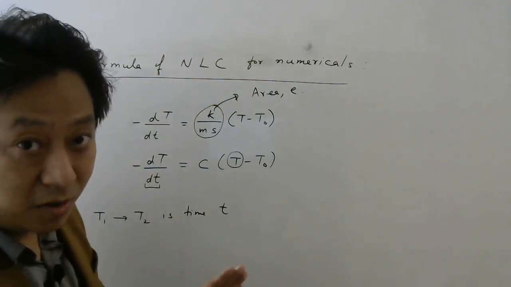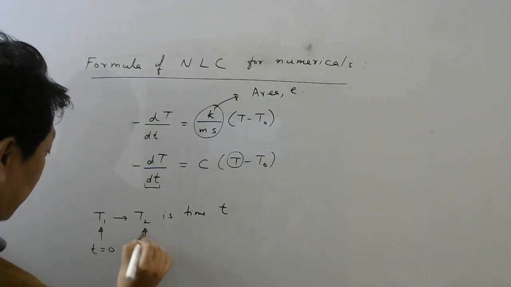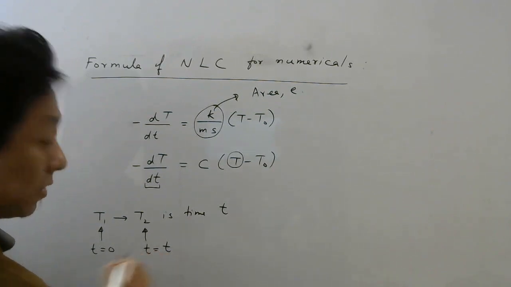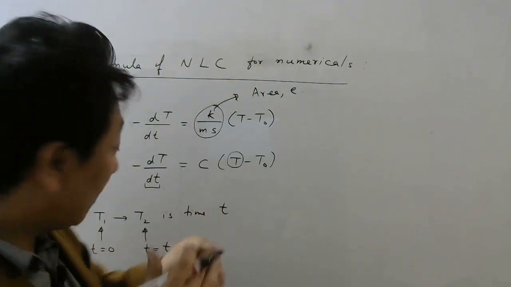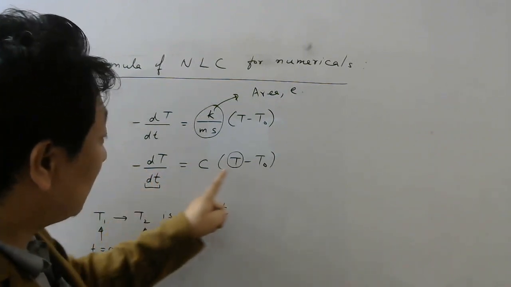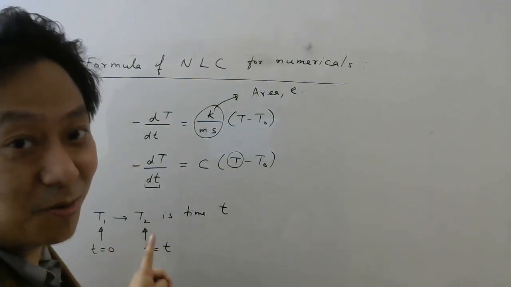So this is temperature at time 0 and this is temperature at time t. And this t is not very small, let's say it's 5 minutes. Now in that interval of 5 minutes, T will not remain same number, right? Temperature will decrease from T1 to T2.